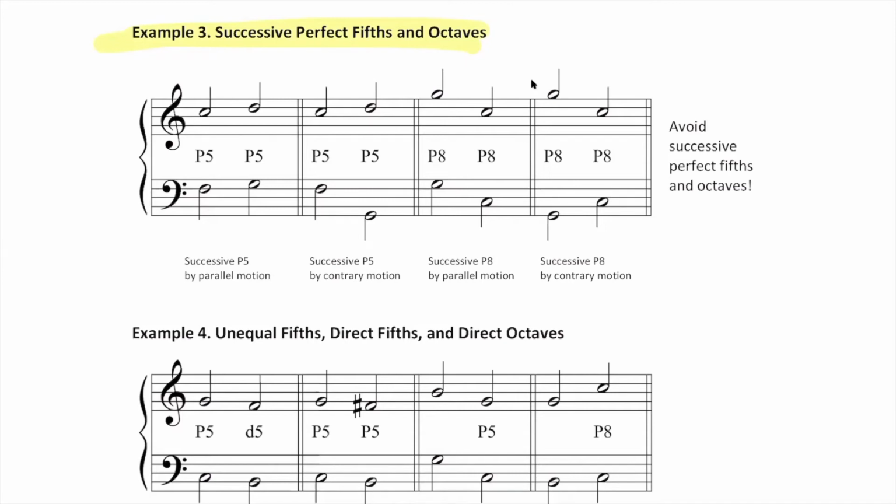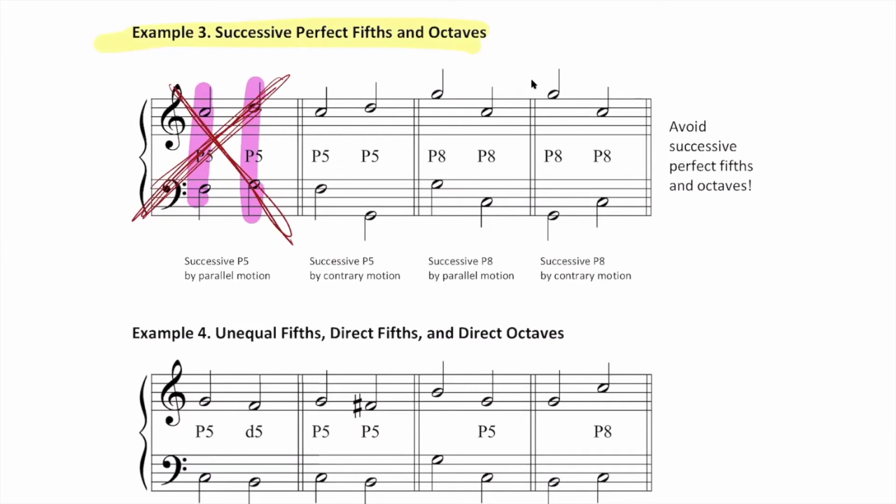So this first example, we have a compound perfect fifth between F and C. And the issue is that both parts move up by step to form another perfect fifth. Well, those parts kind of meld together, and this is something we want to avoid. Don't do it.